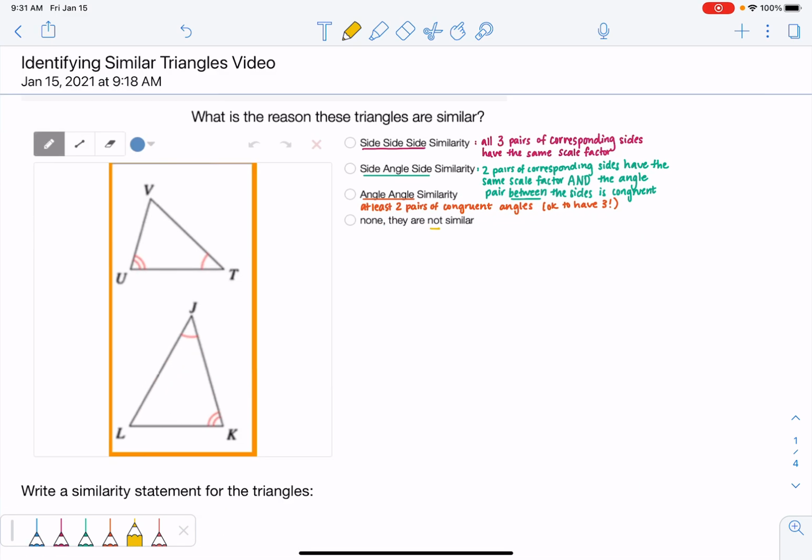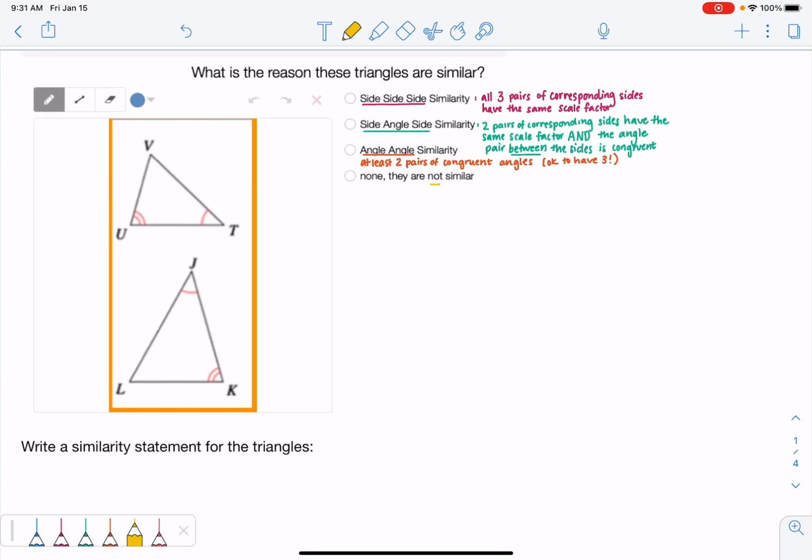So let's look at this example here. In the diagram, we should see we have angle markings here on angle U and K. That means the angles are congruent. So that's one pair: angle U is congruent to angle K. And the second pair is here.